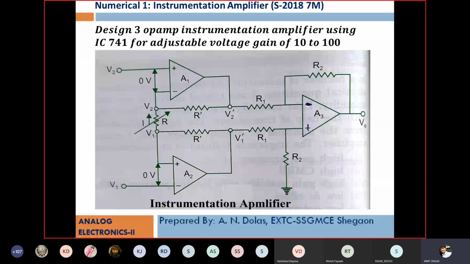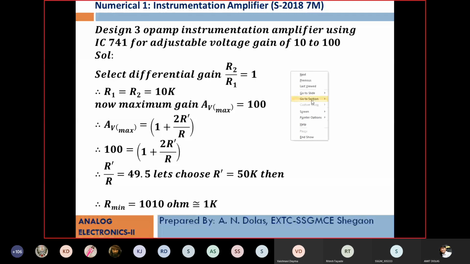We use 1, 2 and 3 op amps here, A1, A2, A3, using IC741 for adjustable voltage gain of 10 to 100. We have to build the instrumentation amplifier with adjustable gain 10 to 100. So of course we have to design this R, which is a variable potentiometer. So here are the design steps.